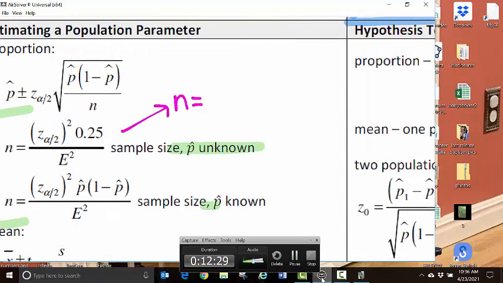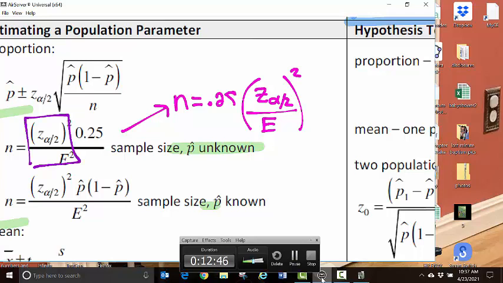N equals 0.25 times z alpha over 2 over e squared. Notice how that's the same formula, right? They just put these two, your book puts these two together in parentheses, but it's still the same formula.